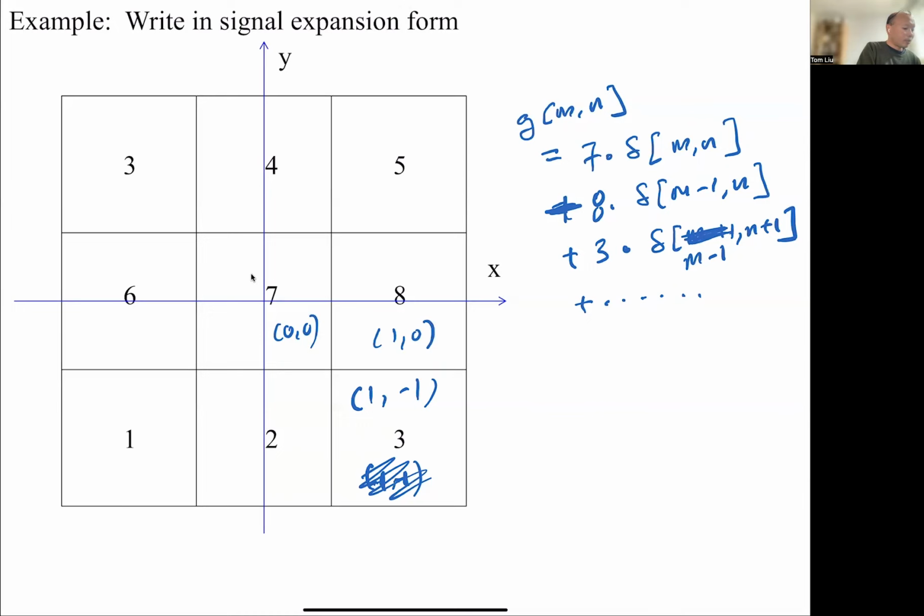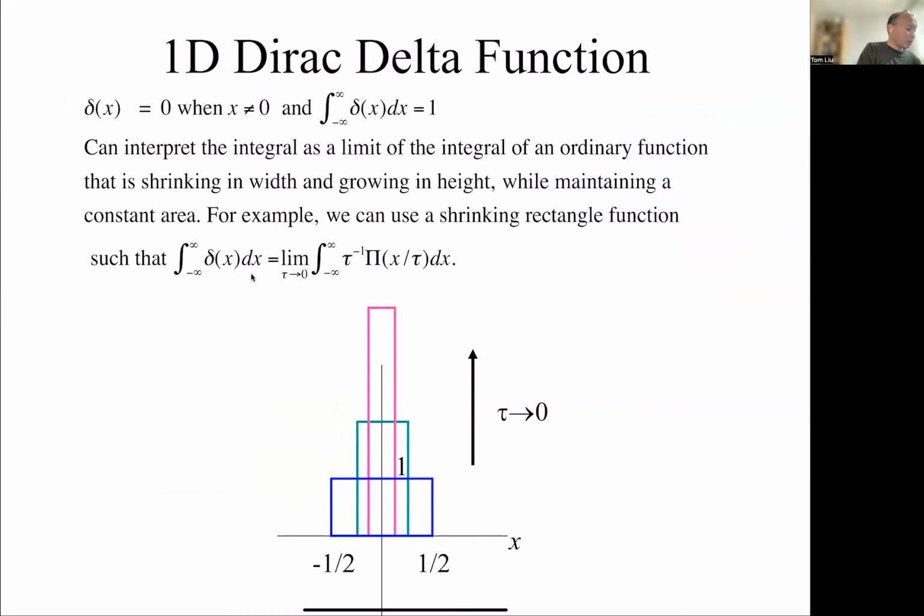Okay, so we're going to keep going. There's no questions. So the 1D Dirac delta function is a little bit different. If you're new to this, it's a strange function. Once you see it enough times, you get used to it. But I'm just going to say a few words to give you some background on that.